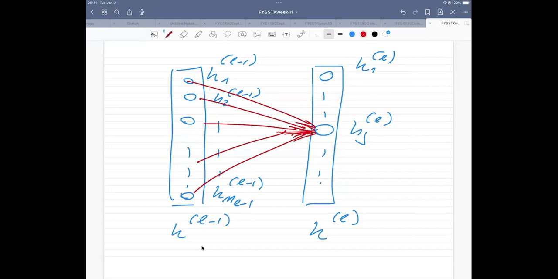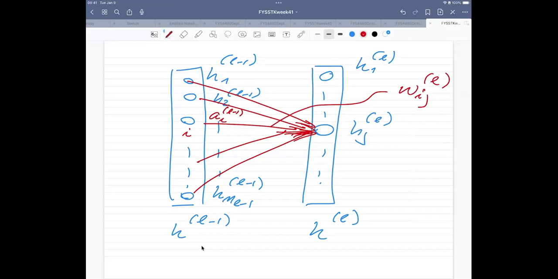And the variables which you get: if we call this node I, there is going to be an output which we call A of I of L minus 1. And that connects here with a weight which is W of I J of L. So this becomes a parameter which we need to fix.